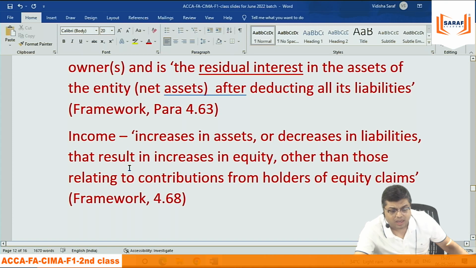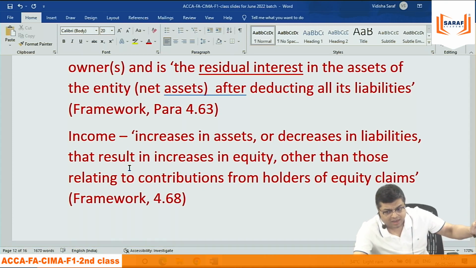Decrease in liability, why is it an income? Suppose you have a creditor, you have a payable of 1,000, you are paying him 1,000. No income. Because when your liability decreases, your assets also decrease. You are paying a creditor 1,000 due, so liability goes down by 1,000, assets, cash goes down by 1,000.